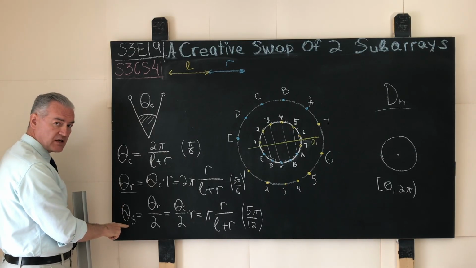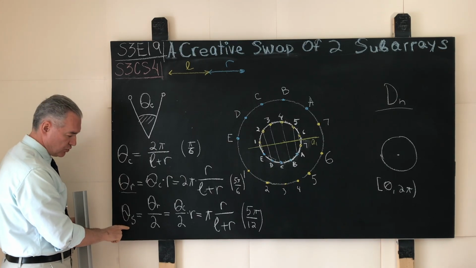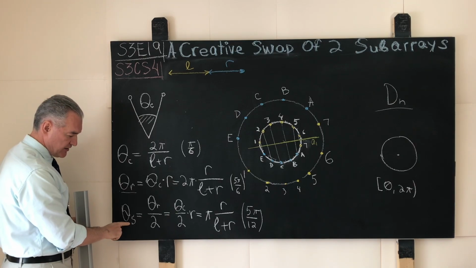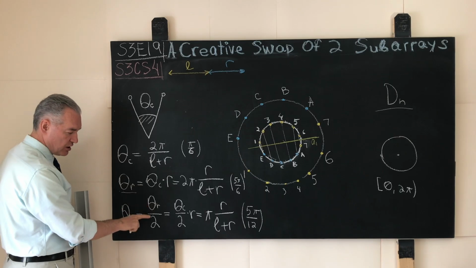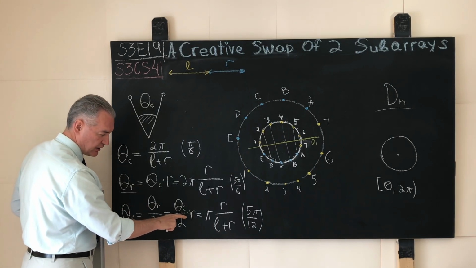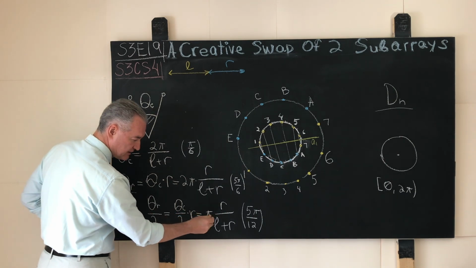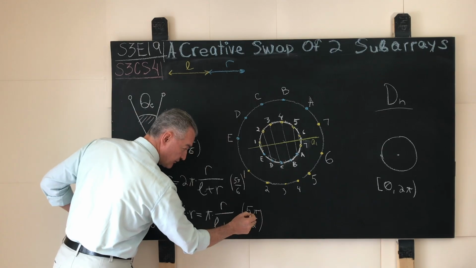Remember that two reflections correspond to a rotation by twice the angle. So our solution angle theta S between the intersecting straight lines must be theta R divided by 2, which is theta C divided by 2 times R, pi times R over L plus R, in this particular case 5 pi over 12.